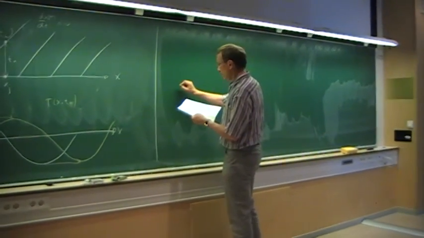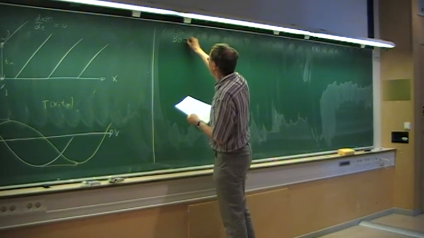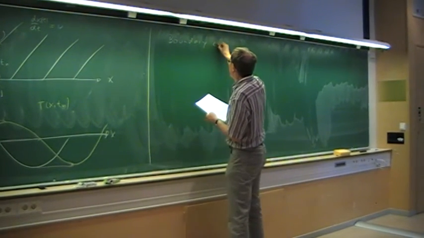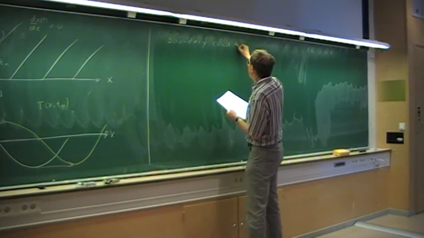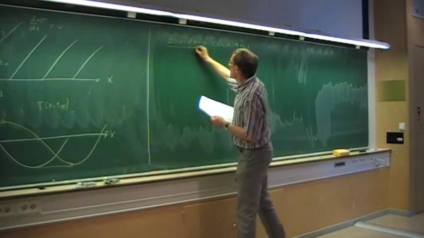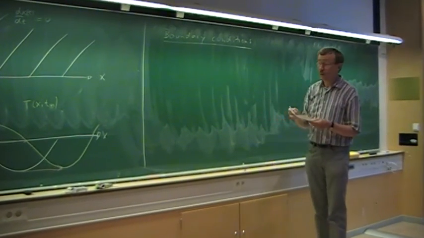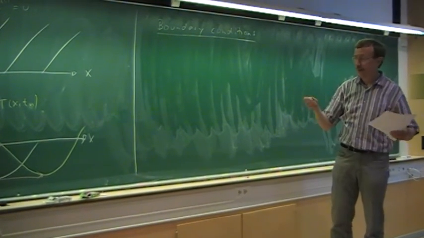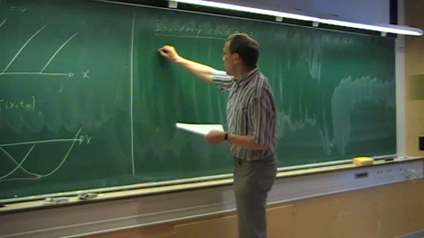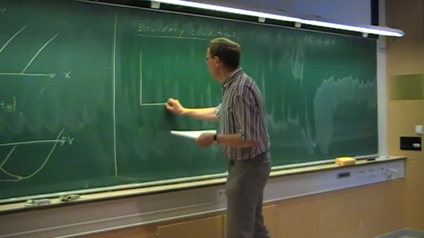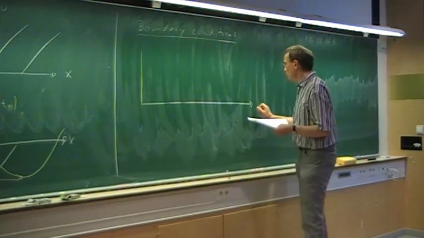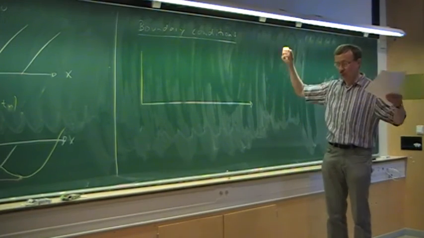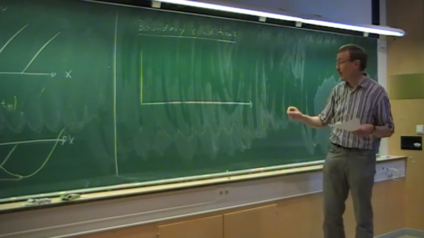Now, boundary conditions. That is very important because we usually cannot compute infinite domains. We are finite also in the computer. So we have to limit our domain, and if we want to compute the large or the whole space, we have to have artificial boundaries.